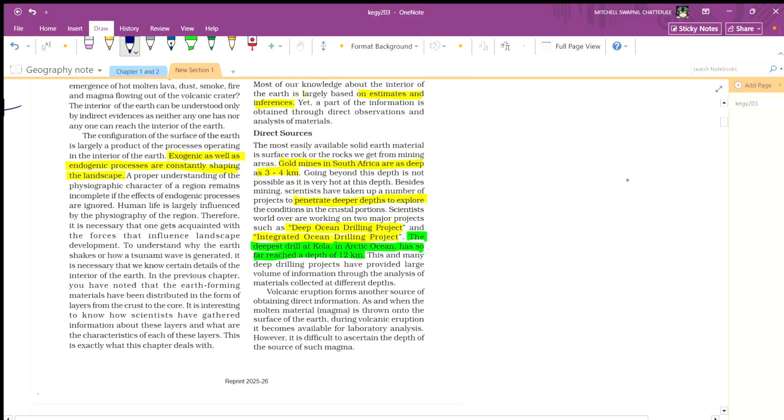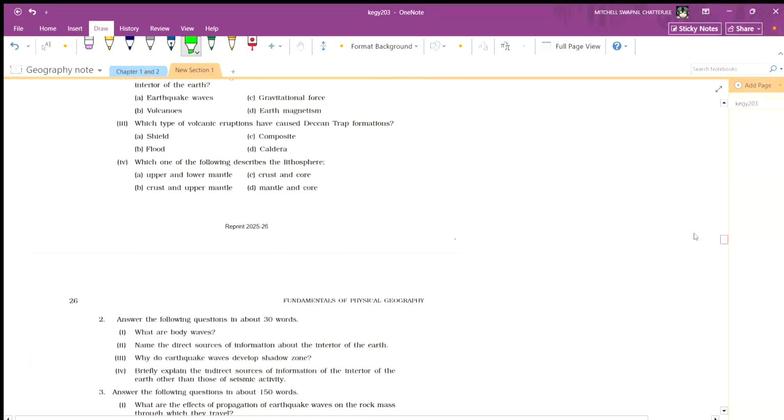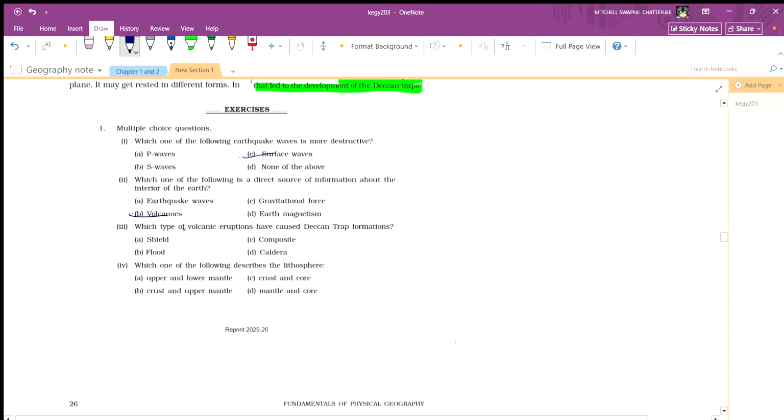Drilling and gold mines give the solid earth surface, the most easily available rock, and mining too. Volcanic is the answer.